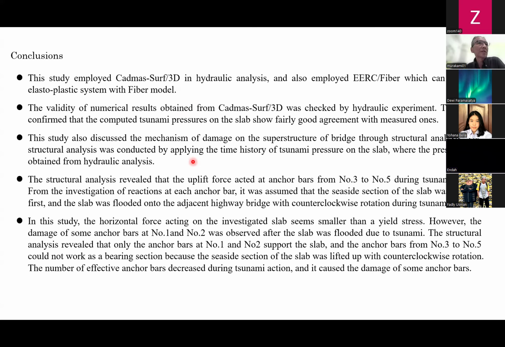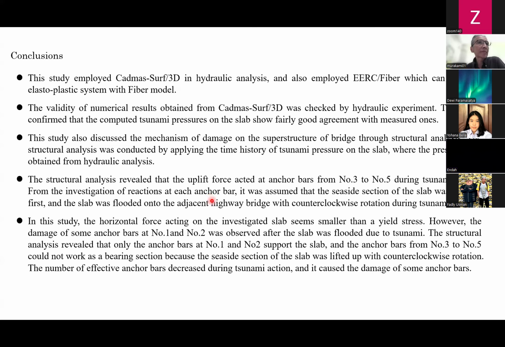The structural analysis was conducted by applying the time history of tsunami pressures on the slab, where the pressure was obtained from hydrodynamic analysis using CADMAS-SURF/3D. The structural analysis revealed that the uplift force acted at anchors number 3 to number 5 during tsunami action.